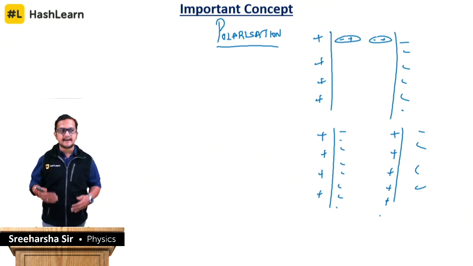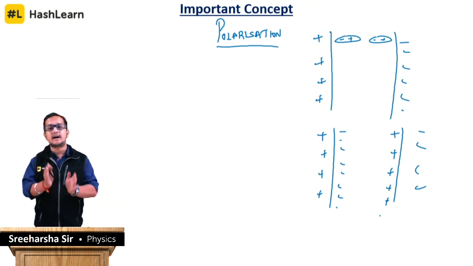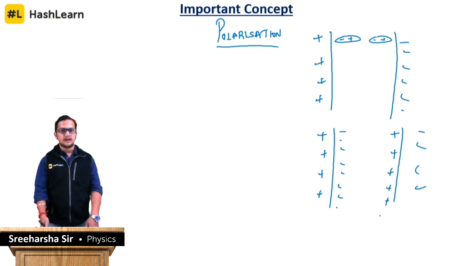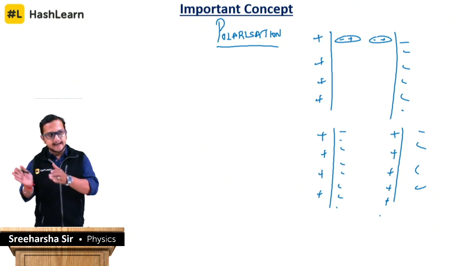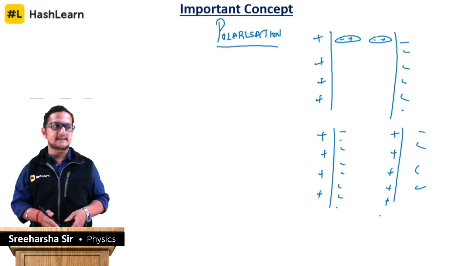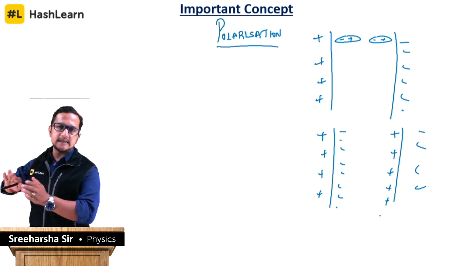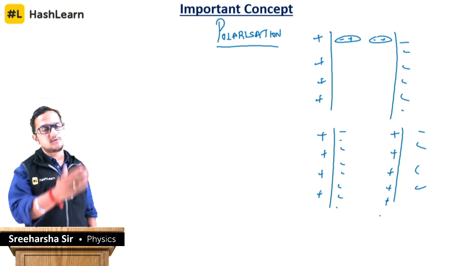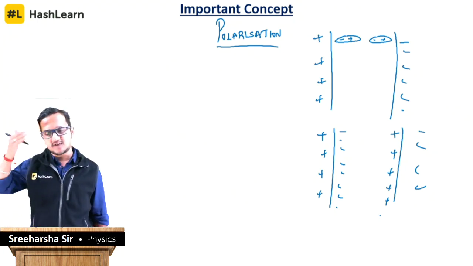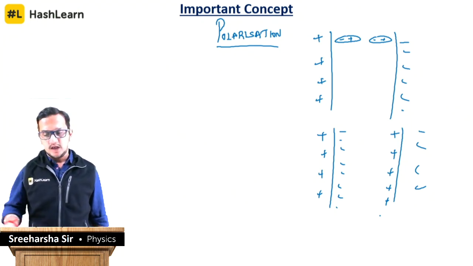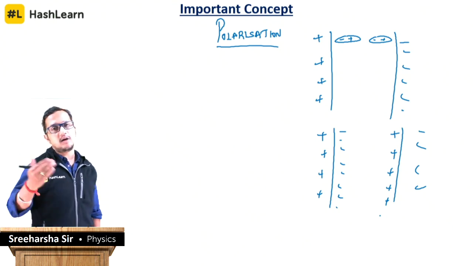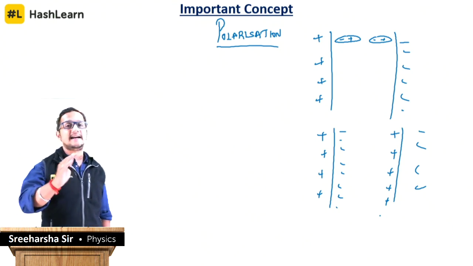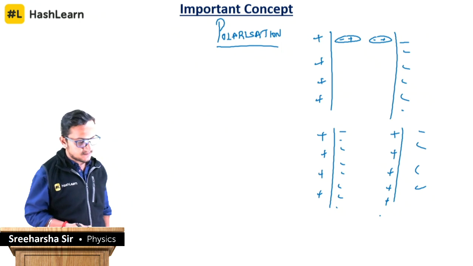We are acquiring a state called one-sidedness, which means one type of charges is moved to one side and the other type of charges is moved to the other side. So the phenomenon of obtaining one-sidedness is called polarization.